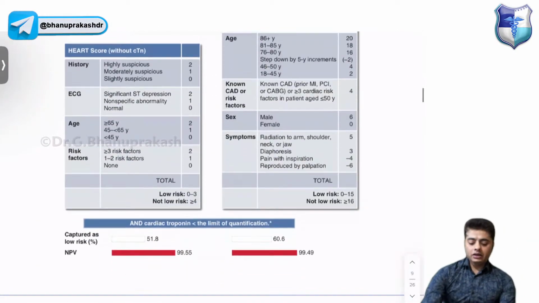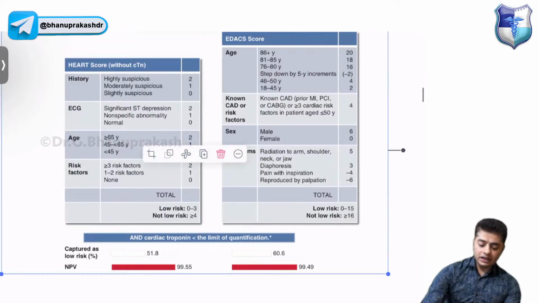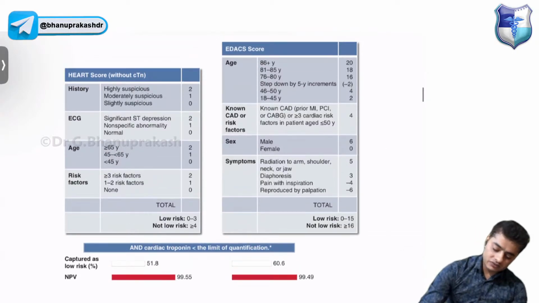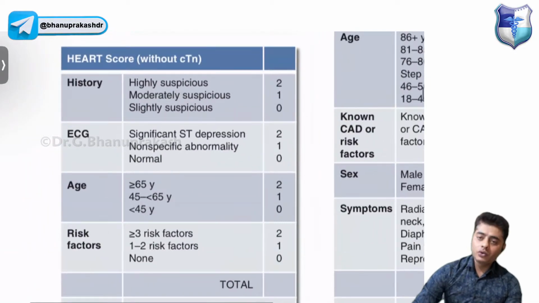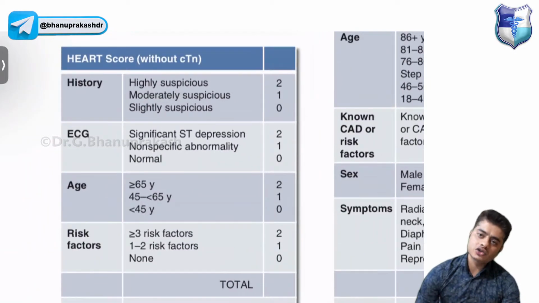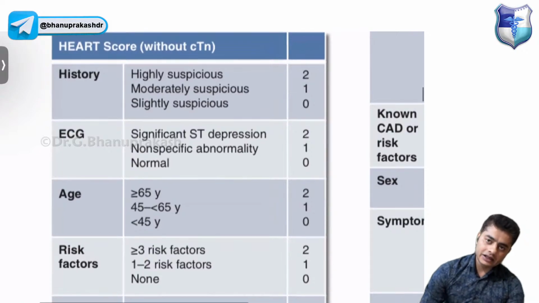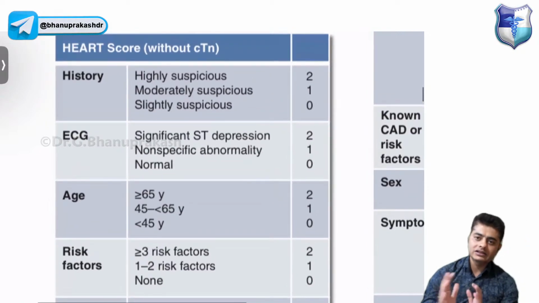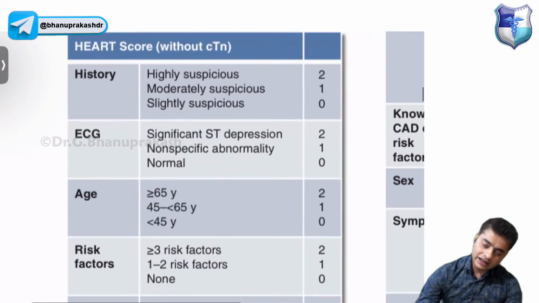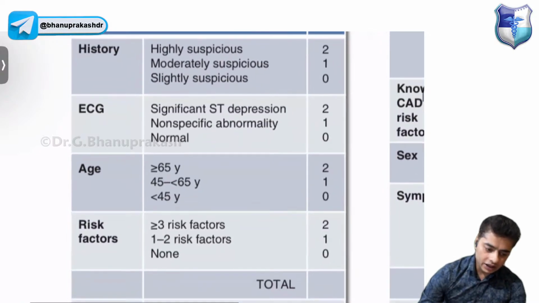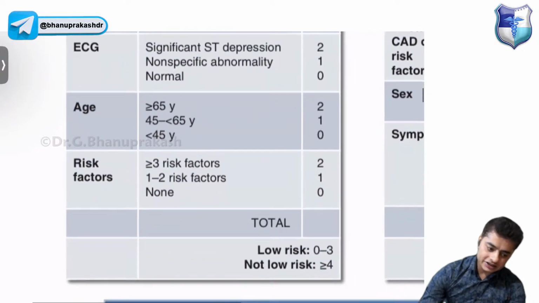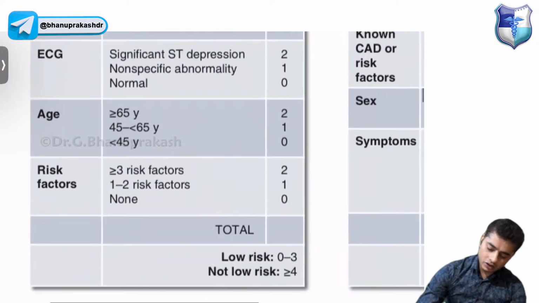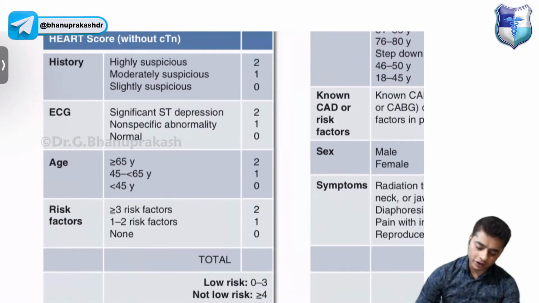Now, as MI is a very serious situation, in new guidelines there is a score designed, that is known as HEART score, which is given by the American Heart Association of Cardiology. Now, what is this HEART score? In HEART score, H stands for history, E stands for ECG, A stands for age, R stands for risk factors. Okay, so this HEART score itself is a mnemonic.